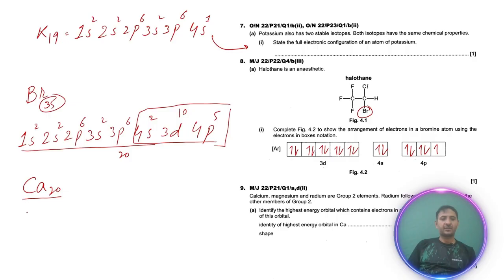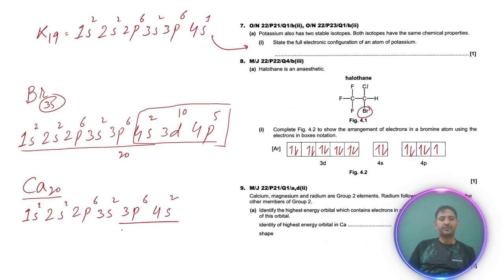I'm writing it: 1s2, 2s2, 2p6, then 3s2, and then 3p6. 20 electrons: 6, 12, 14, 15, 16, 17, 18, 19, 20 means 4s2.